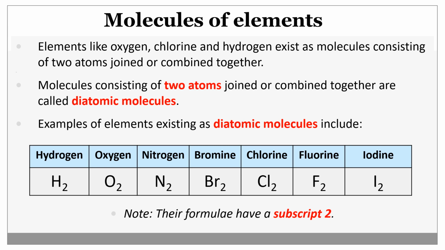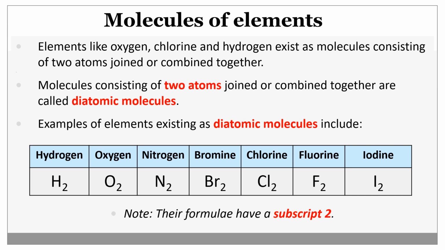Elements like oxygen, chlorine, and hydrogen exist as molecules consisting of two atoms joined or combined together. Molecules consisting of two atoms joined or combined together are called diatomic molecules.